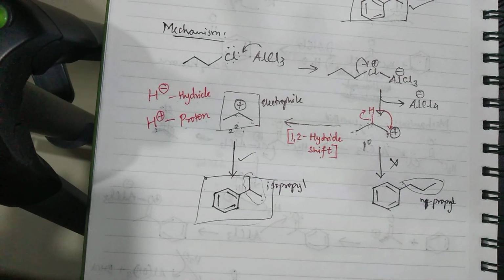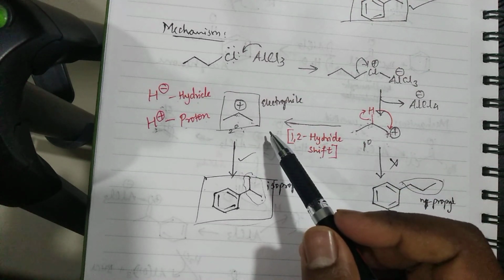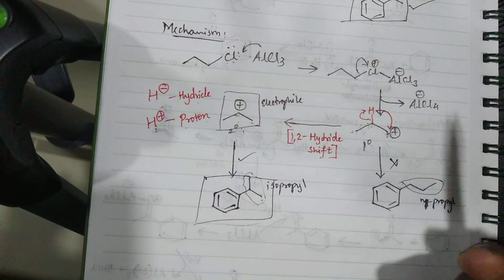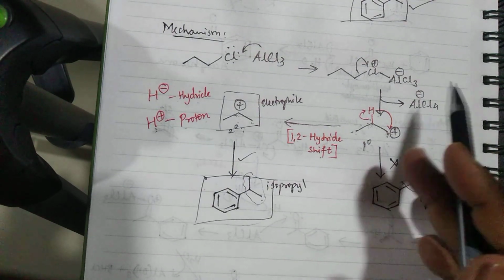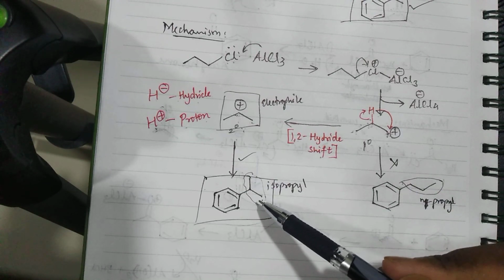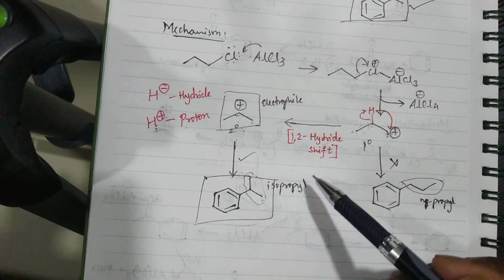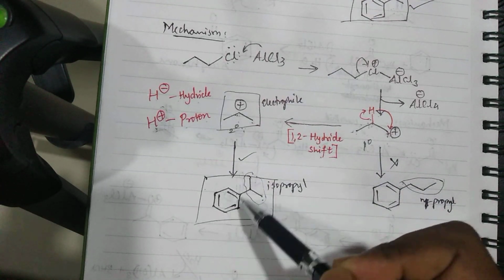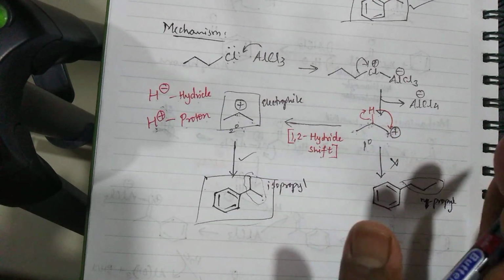Because if you take any N-alkyl chain, you will of course generate a primary carbocation, but the next carbon atom is secondary, so this positive charge will shift to the secondary side, and you will always get a branched chain. You will always get an iso group on the benzene ring with Friedel-Crafts alkylation.